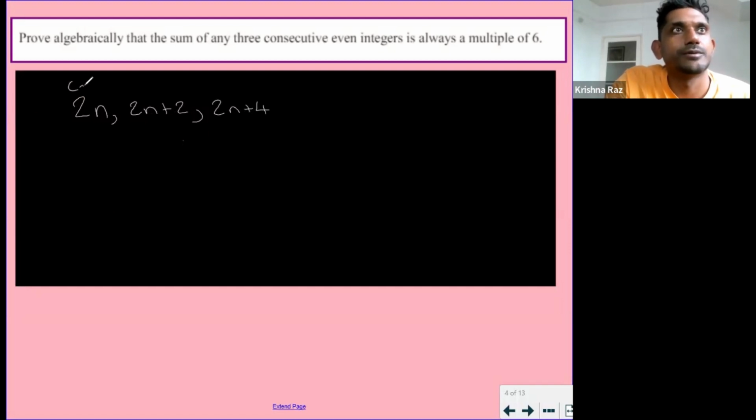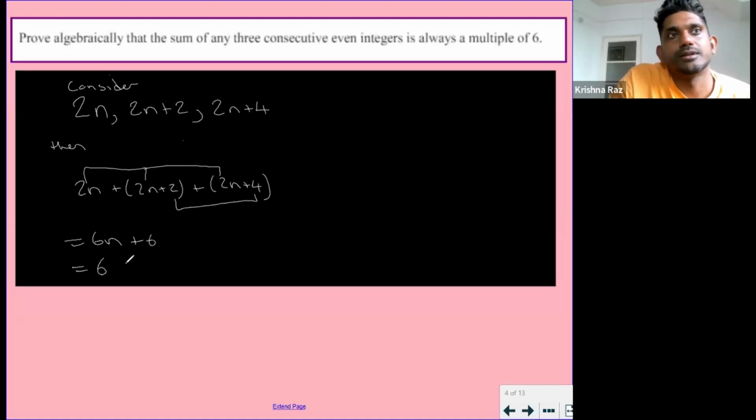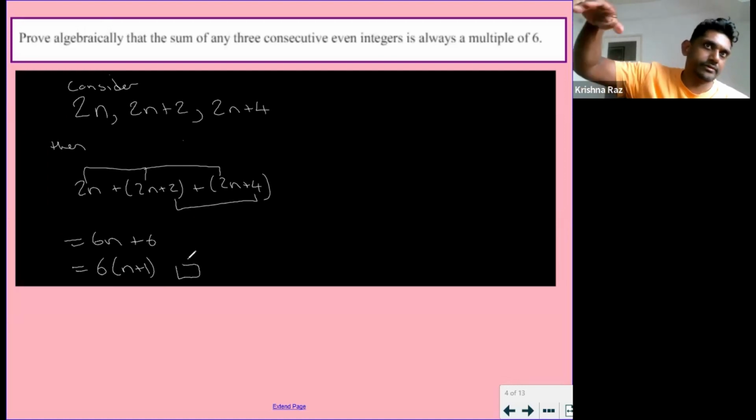Now we're going to add them, because it says the sum, and sum means add. So 2n plus 2n plus 2 plus 2n plus 4 will give us 6n plus 6. Now, that shows clearly that I understand.